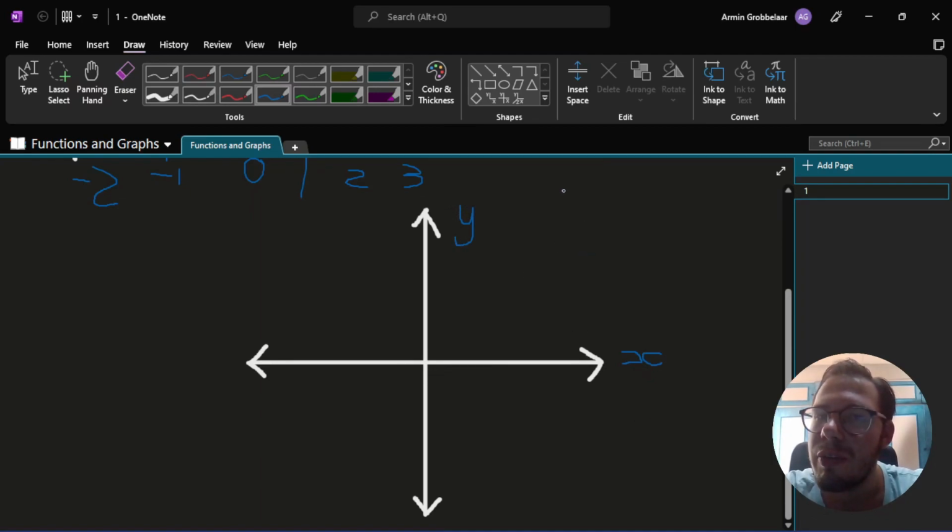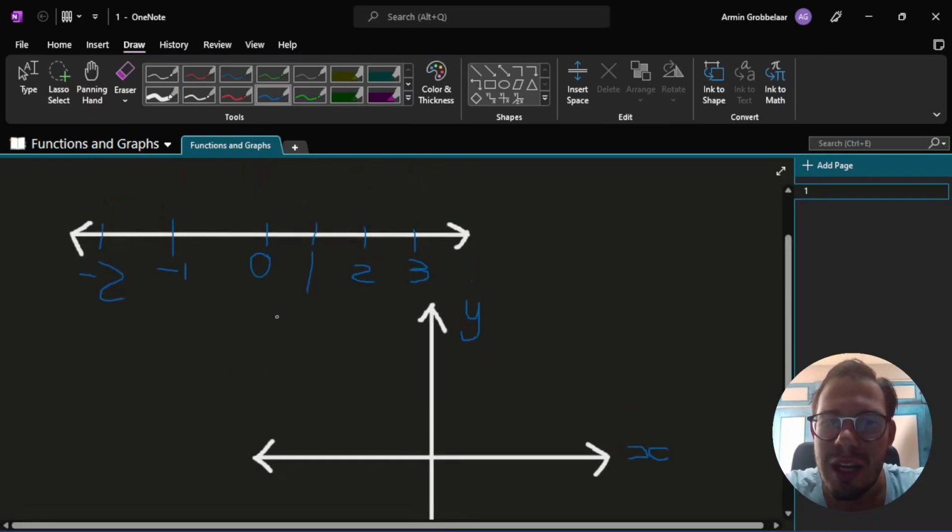Now let's say you have a function that is a function of, let's say, t and p, then you'll label this here p and t. So that's why I said in my previous video, that's why we always use x and y, because they're known as the x and y axes. But you can also label them for the variables that you are using. Okay, so let me just take them away.